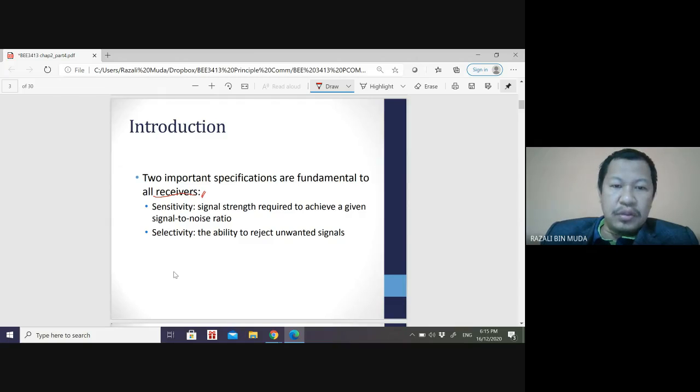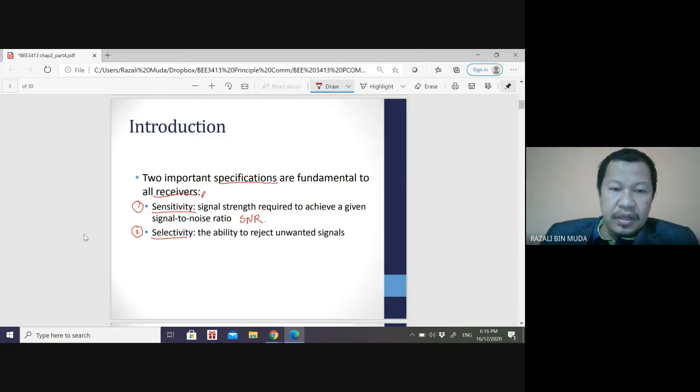First is sensitivity. Second is selectivity. Sensitivity is the signal strength required to achieve a given SNR, signal to noise ratio.